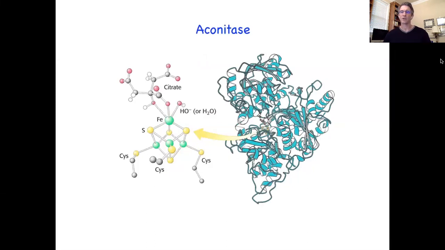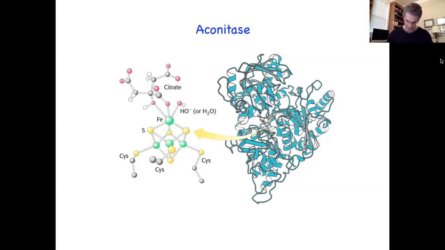Aconitase is an iron-sulfur cluster enzyme. Now, we are going to see mostly the use of iron-sulfur clusters later when we talk about how we really extract as much energy as possible from these high potential electrons. This enzyme uses the same sort of metal-sulfur cofactor, but it's using it to activate water, right?